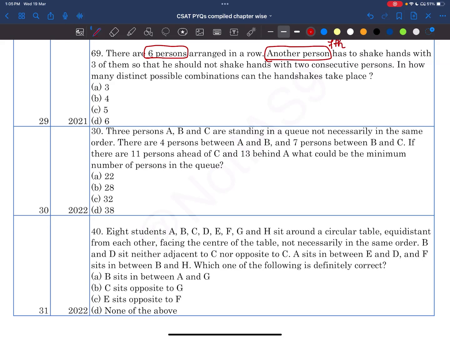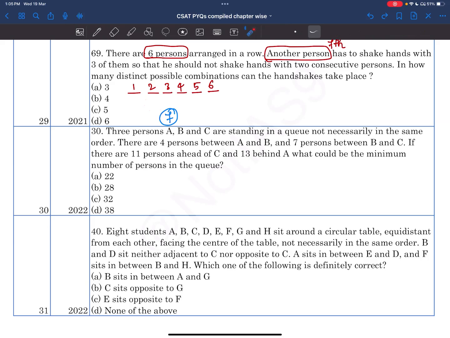He should not shake hands with consecutive persons. See, 1, 2, 3, 4, 5, 6, and this is another person, the 7th person. You need to find the number of combinations.